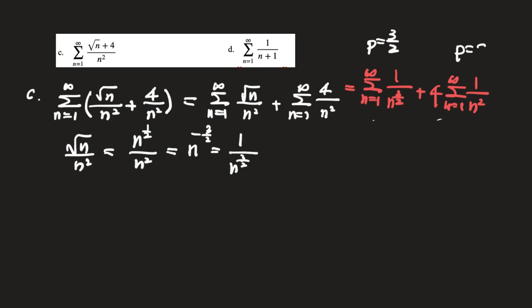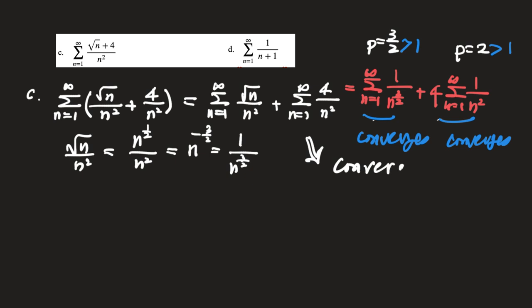For the second, the p-value is 2. Both are greater than 1, so this converges and this converges. So our conclusion is this series is going to converge. Guys, make sense? You have to simplify the power to figure it out.